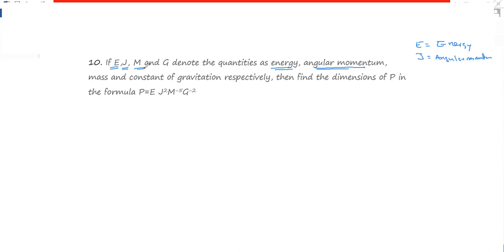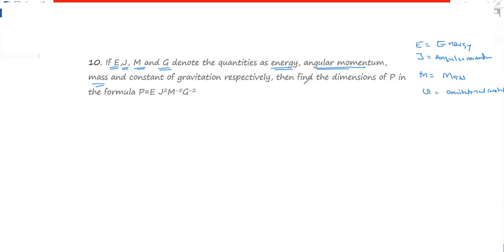And M, mass. M equal to mass. And G, the constant of gravity. That means the gravitational constant. This much information is given, right?